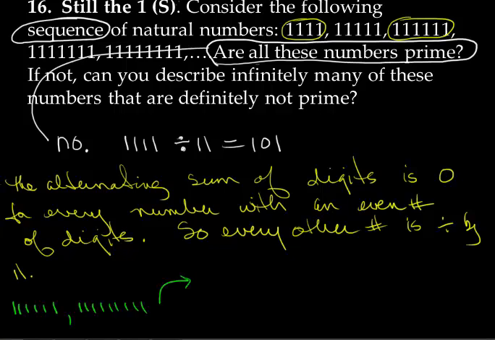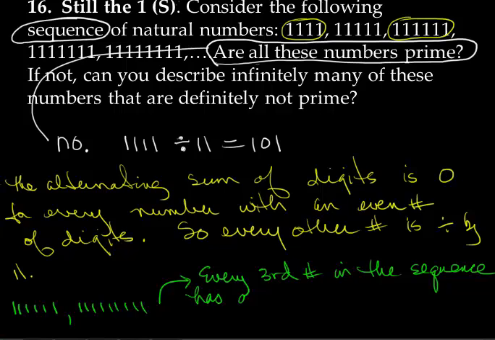So we could say that every third number in the sequence has a sum of digits divisible by 3.